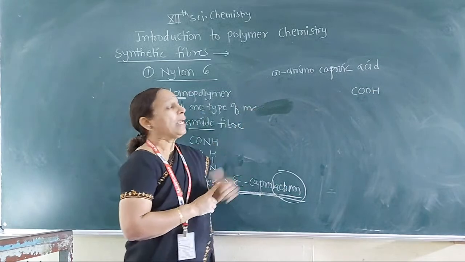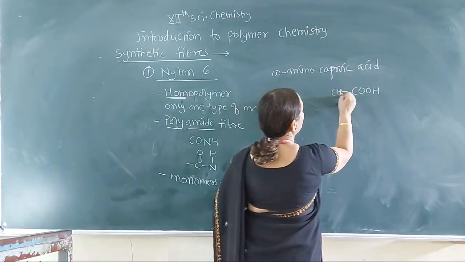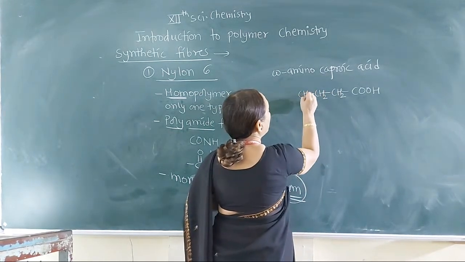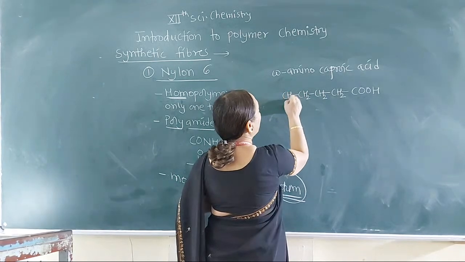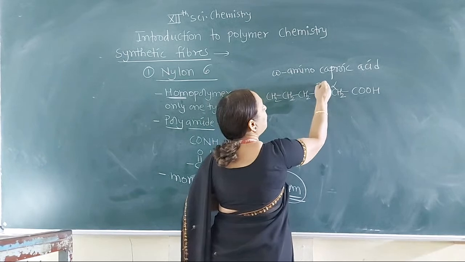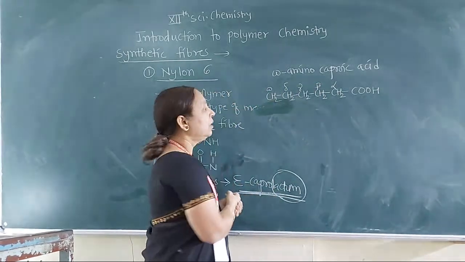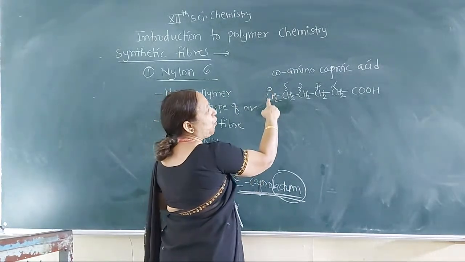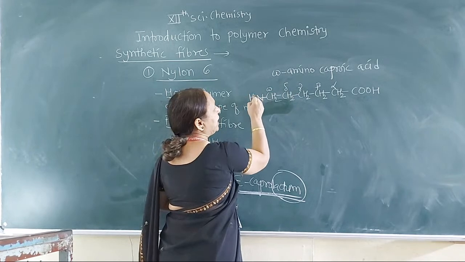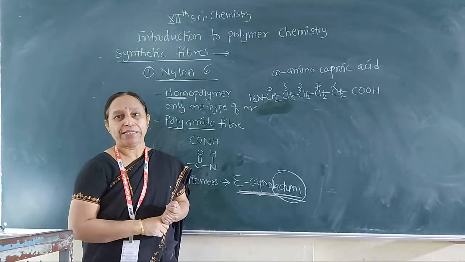This is the alpha carbon, beta, gamma, delta, omega. And on this omega carbon, an amino group is present, and this is omega amino caproic acid.